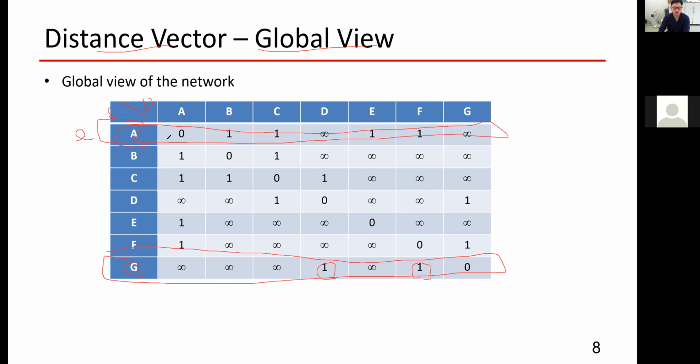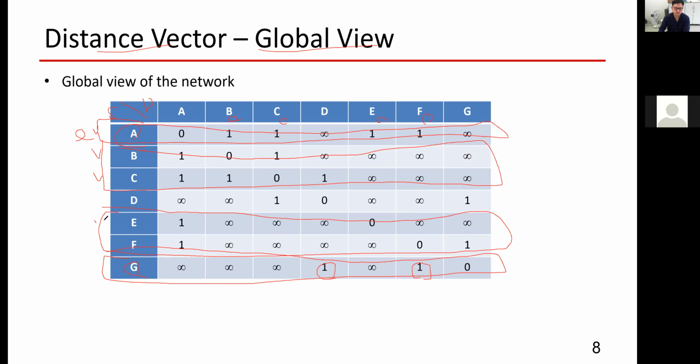If A collects the routing tables from B, C, E, and F, the five of them can connect better, which means they can update D and G to be faster.